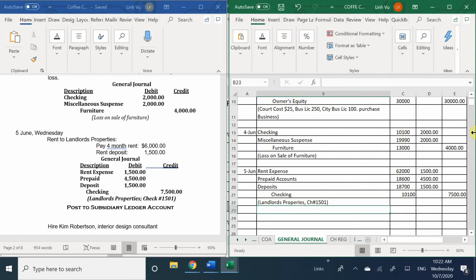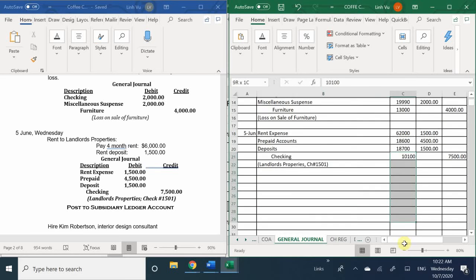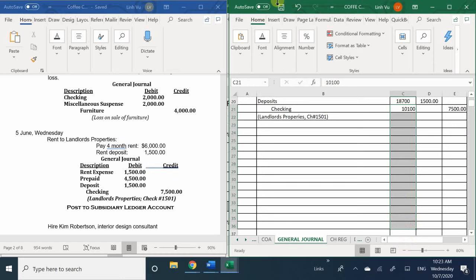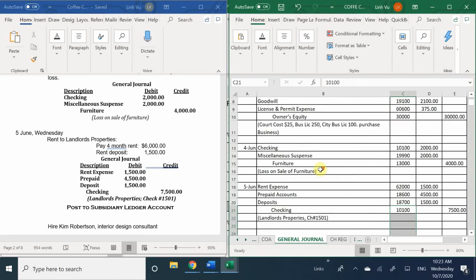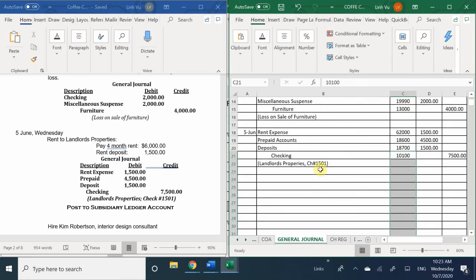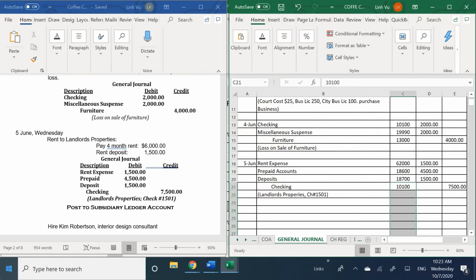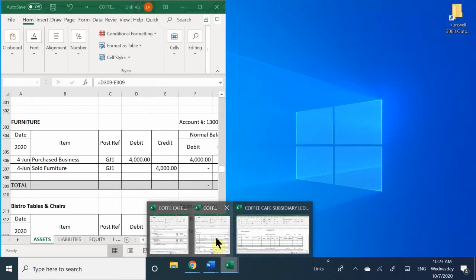Okay. And now is where I can go ahead and go to my ledger. I'm going to make sure I'm in the order that is listed. So the first one I'm going to do is my rent expense.